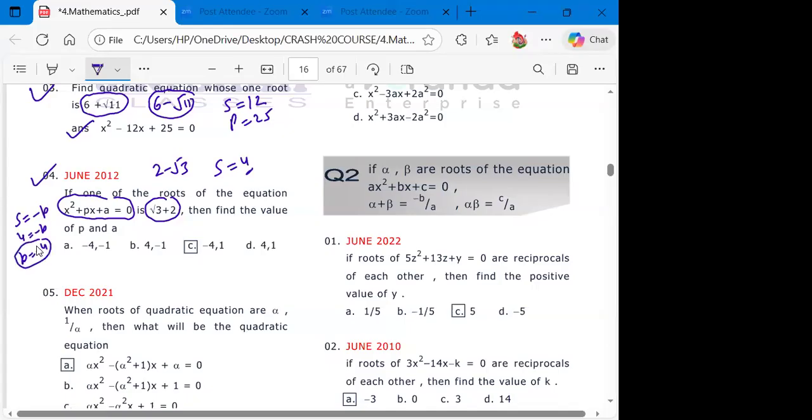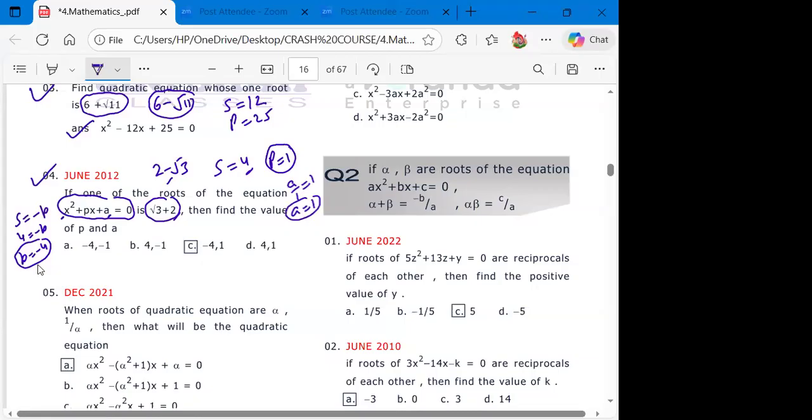Now, if I multiply these two, 2 square is 4 and minus 3 gives 1. So the product is 1. The product according to the normal concept is c by a, and a is 1, so a by 1 equals 1, so a will be 1.